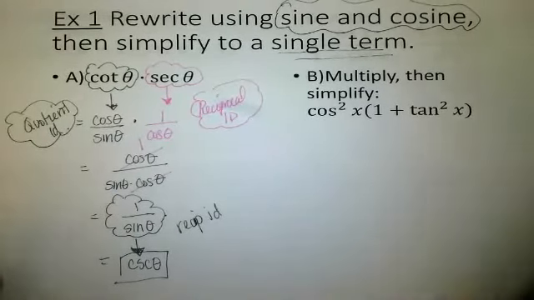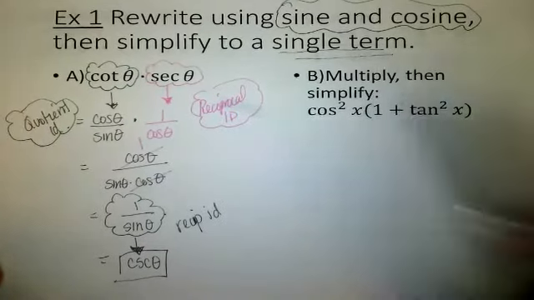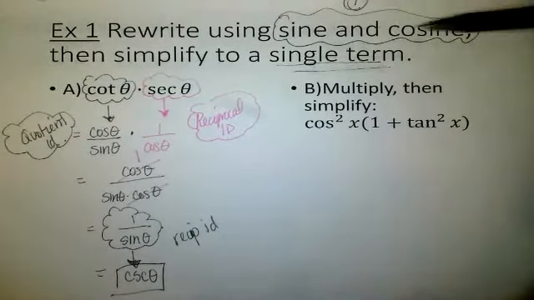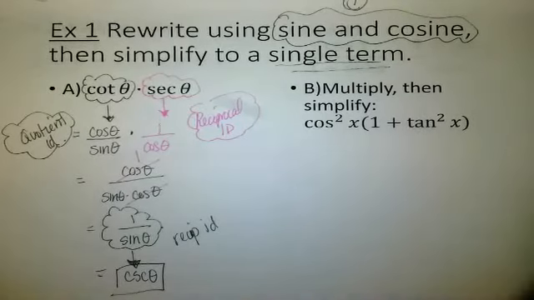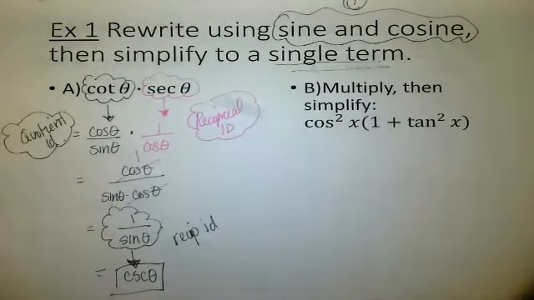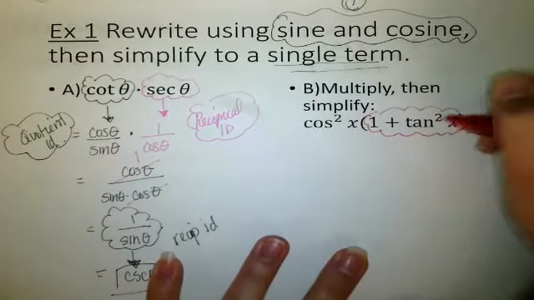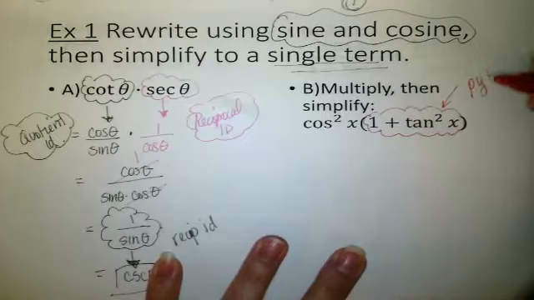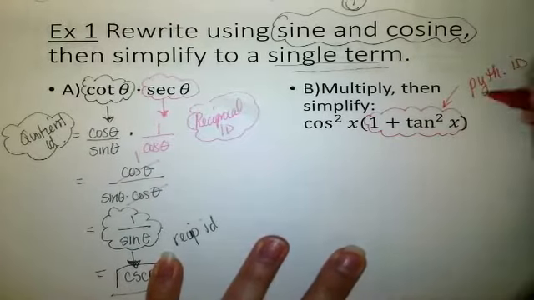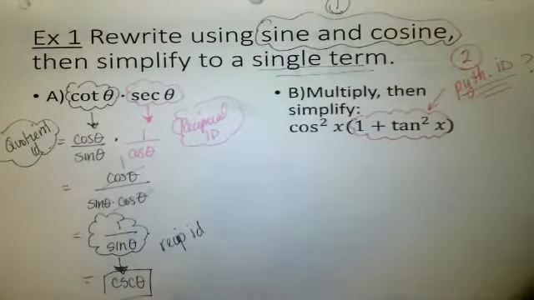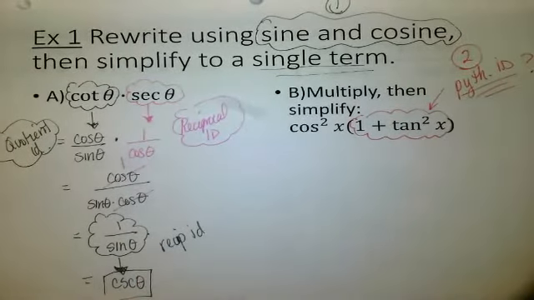All right. So here we have directions that say multiply, then simplify. There's lots of ways we can simplify these expressions. So one thing we could do is rewrite in terms of sine and cosine. However, if you see things that have ones and things that are being squared, I'm thinking about our Pythagorean identities, and that is the second strategy when we're trying to simplify expressions.